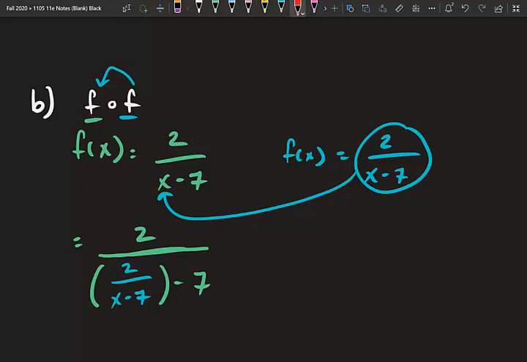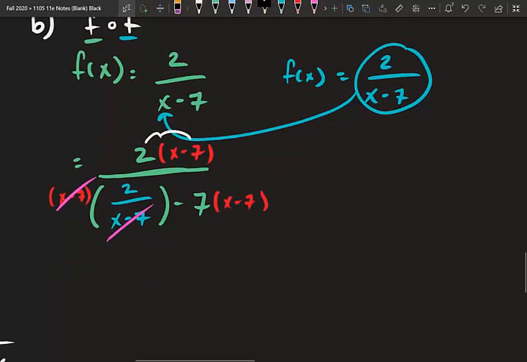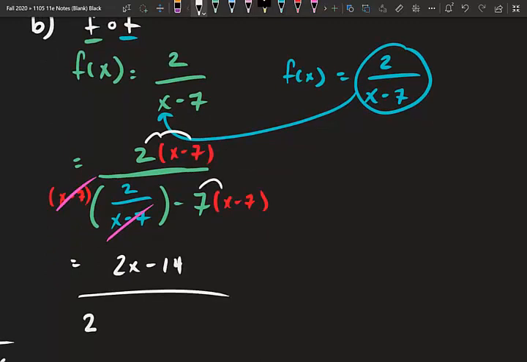So I'm going to multiply everything by that denominator of x minus 7. So x minus 7, x minus 7, x minus 7. What that does is it cancels out that crazy denominator. So I'm going to distribute. We have 2x minus 14. On the bottom we have 2. And then I'm going to distribute negative 7.